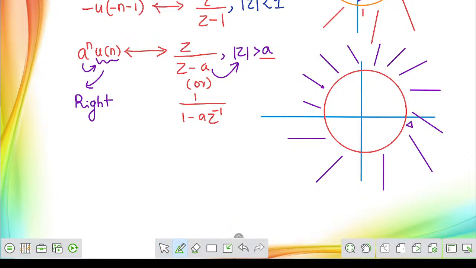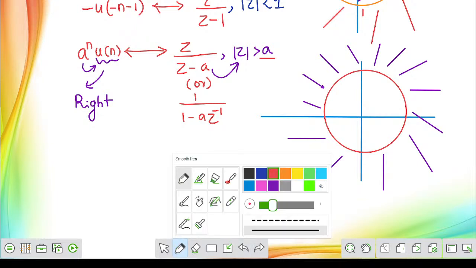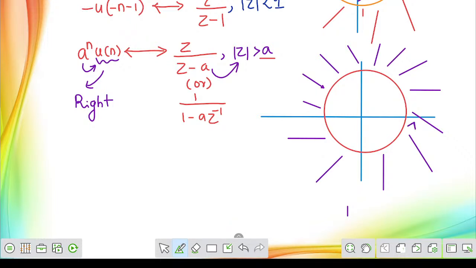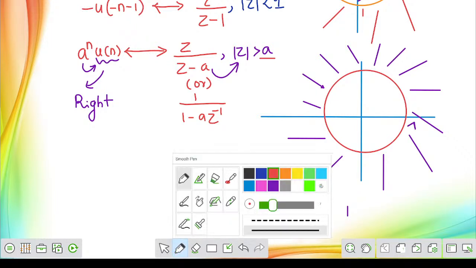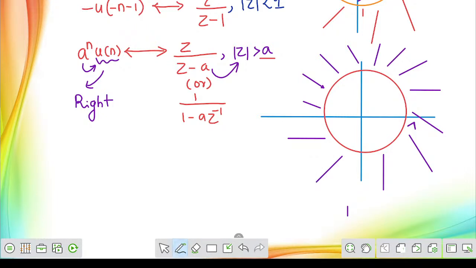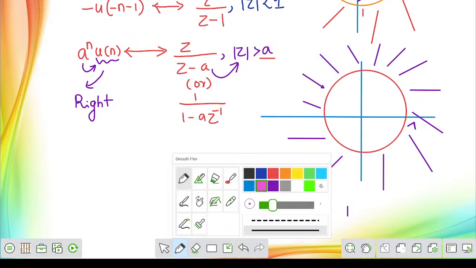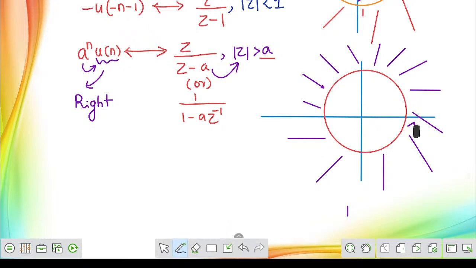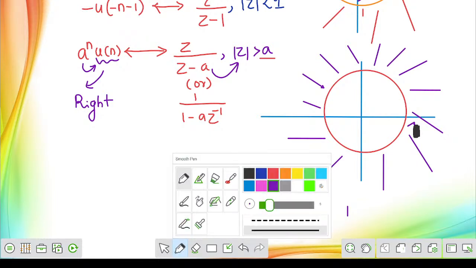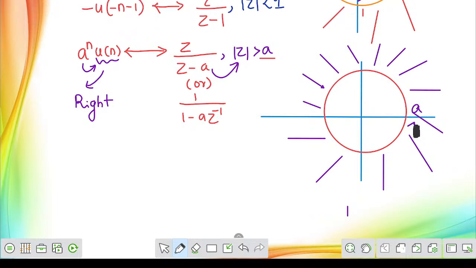This is point a. From here, above all these points, the whole zone is called the region of convergence.